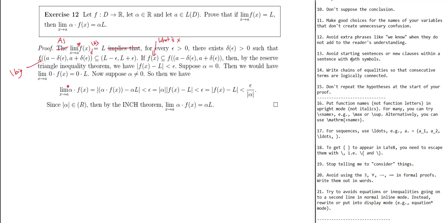In which case there is no if. I'm not really sure. So you say then by the reverse, that's a spelling mistake, the reverse triangle inequality. You don't have to say theorem on that. You can just say reverse triangle inequality. We have this guy. It kind of sounds like you're just repeating what you were saying up above.